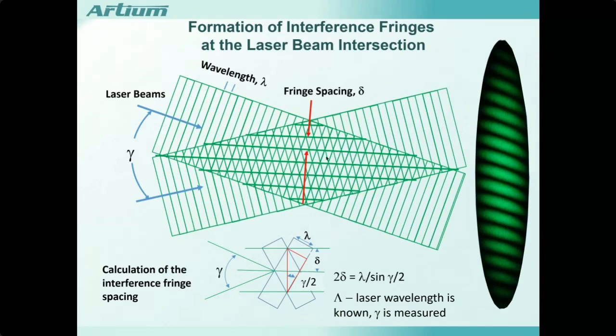And when they're out of phase, of course, we have the dark lines. We can get the spacing from simple geometry, knowing the wavelength and the beam intersection angle, which is gamma over 2 on this little triangle. That results in that expression for the fringe spacing.